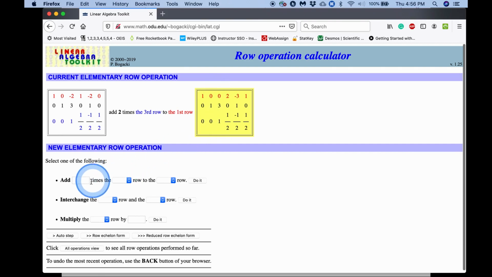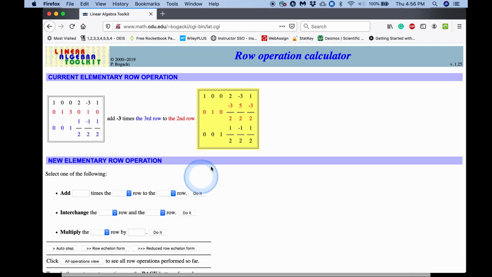That's now a 0. And I'll do -3 times the third row added on to the second row. And we can now see that the left-hand side of this augmented matrix has been reduced to the identity. And that means that this 3x3 matrix that sits here on the right must be the inverse of the matrix A that we started with.